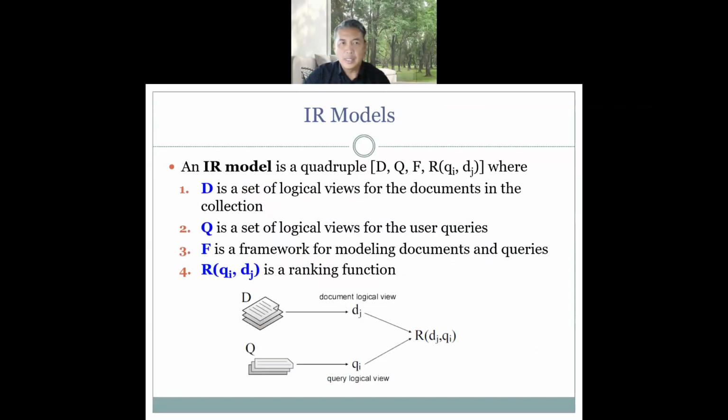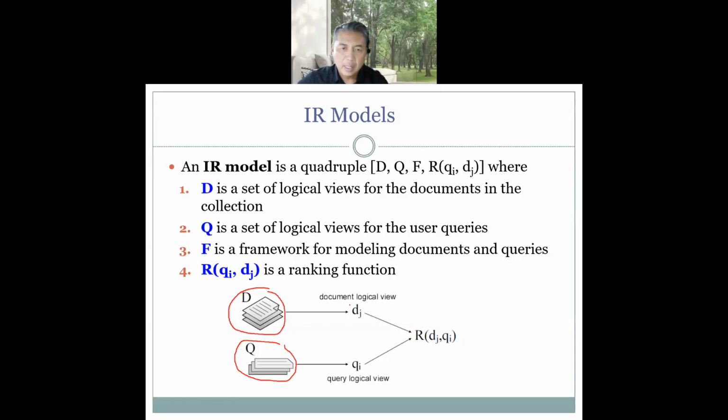So this is the standard model that we have. We will have a quadruple in which the first one is the document. This is a set of logical views for the documents in the collection. So D refers to a set of the collection. And we also have the query. A query is a set of logical views for the user query.